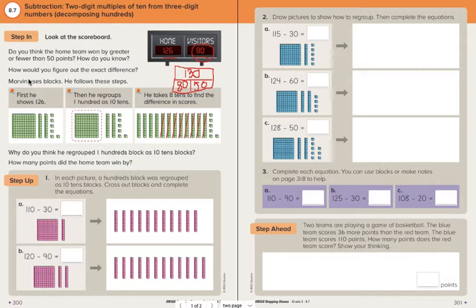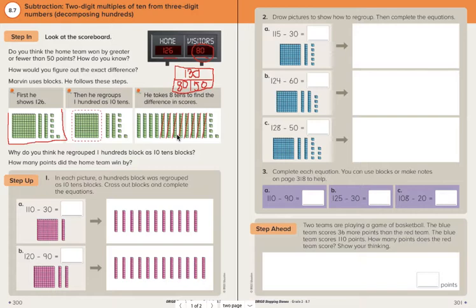So, Marvin is trying to figure out the exact difference. Okay, so first he shows 126. So, these blocks right here represent the number 126. Then he regroups 100 as tens. He takes out this 100 and then brings 10 tens blocks. Okay? He takes 8 tens to find the difference in scores.